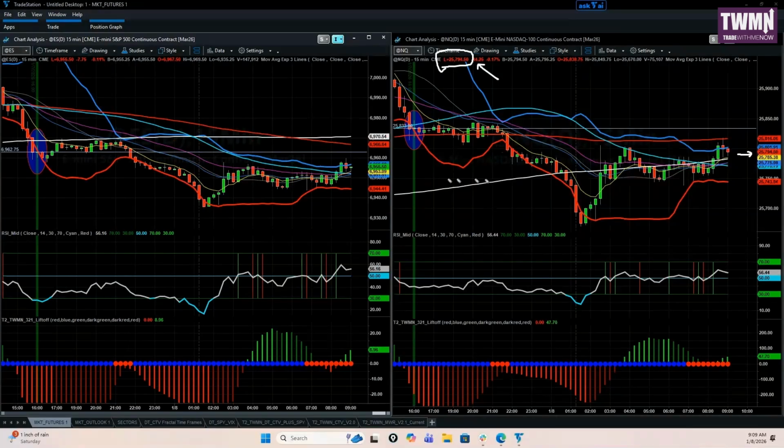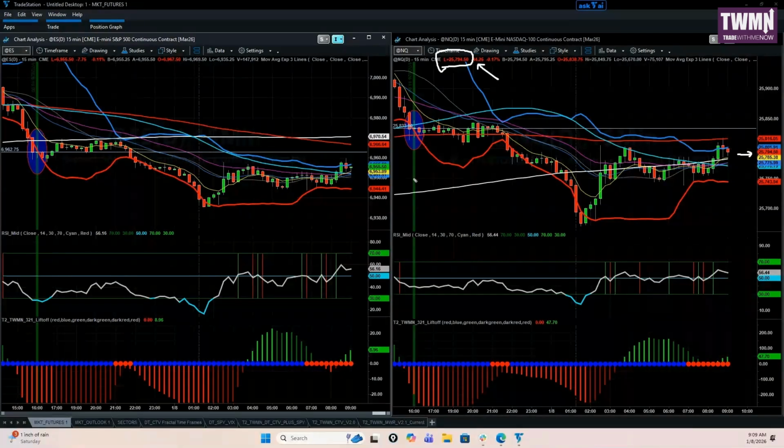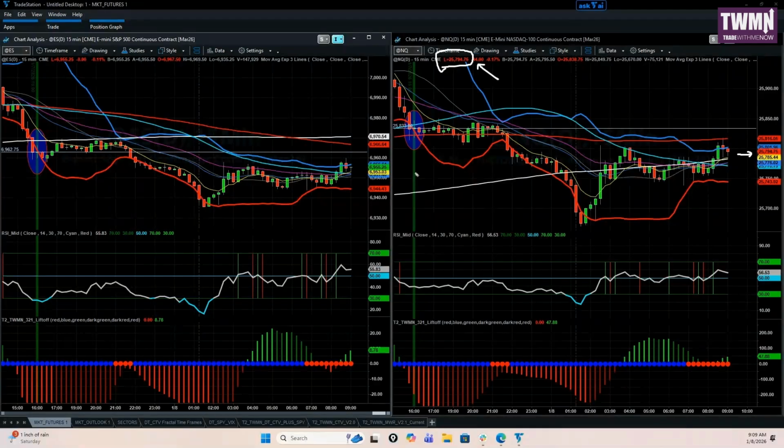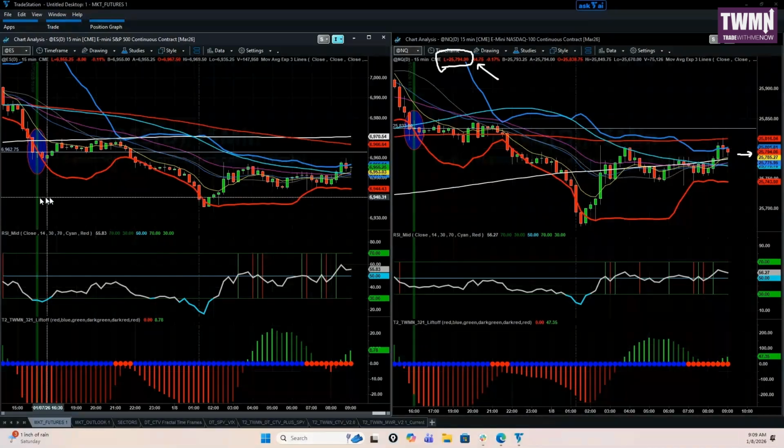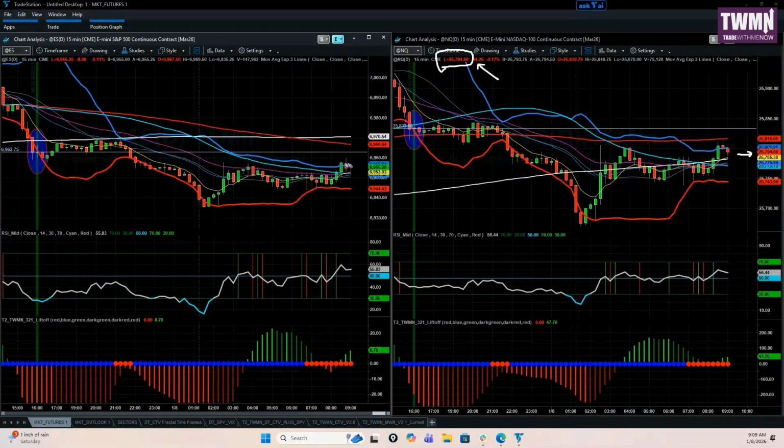So what I do is, since our market closes at 4 p.m. Eastern, I go back and make a mark right here, a vertical line at 4 p.m. yesterday. And then I look at where the current candle is, what the trend is, based on where we were at 4 o'clock yesterday.